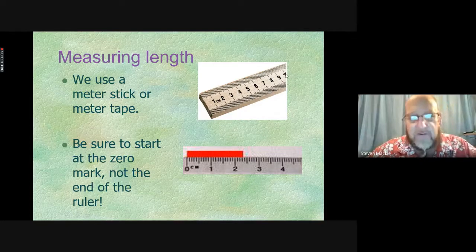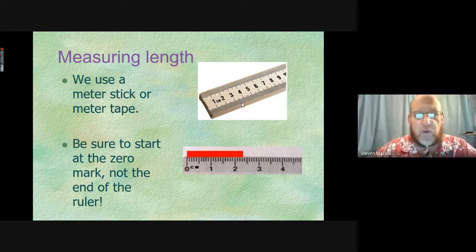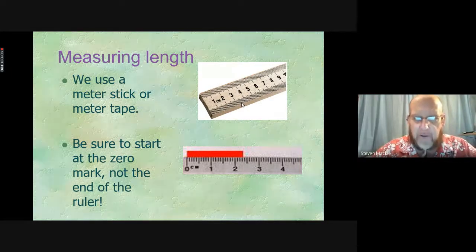When you look at a meter stick, you see tens: 10, 20, 30, 40, 50, 60. A centimeter is about as thick as my pinky. When you get your metric ruler, measure the width of your pinky, measure the width of your palm, those kinds of things.